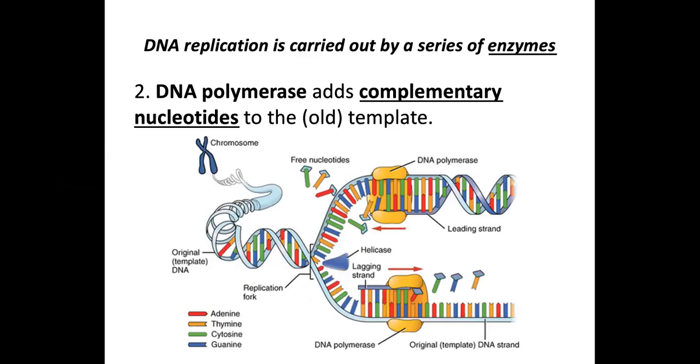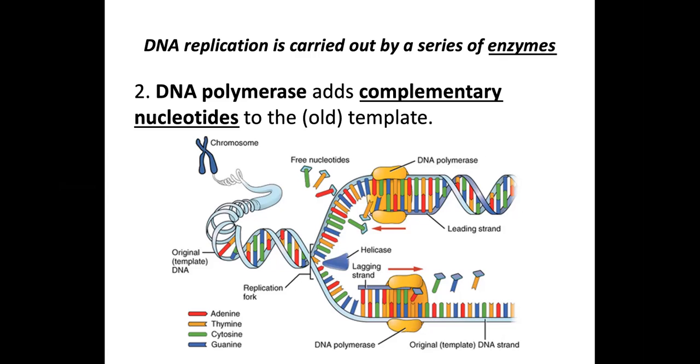The second enzyme is DNA polymerase. This is super important because it has 2 jobs. The first one is that it adds complementary nucleotides to the old template. If we were to break apart that DNA, we're gonna add to this strand and to this strand. Helicase is what broke this apart right here.